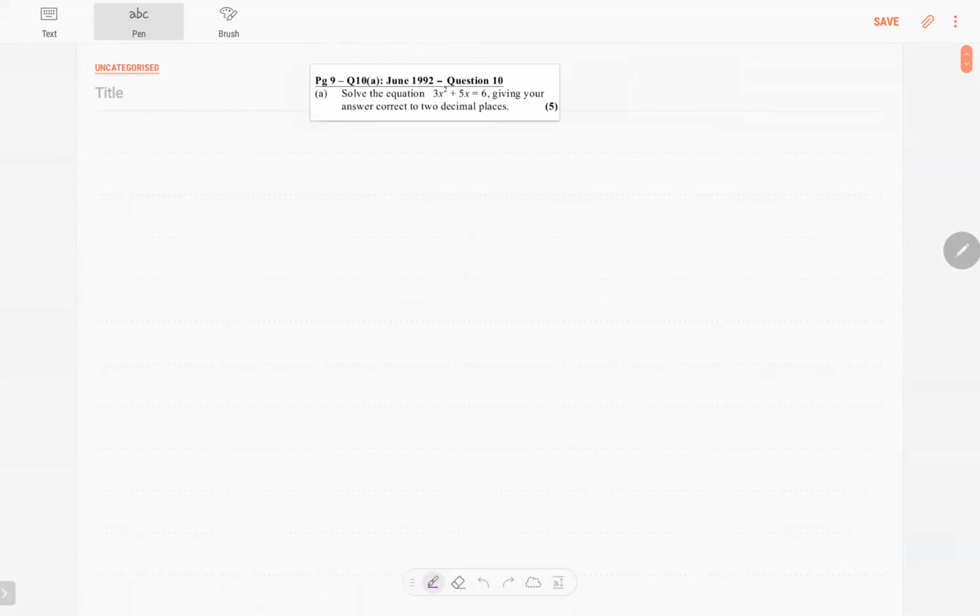This question tells us to solve 3x squared plus 5x equals 6.